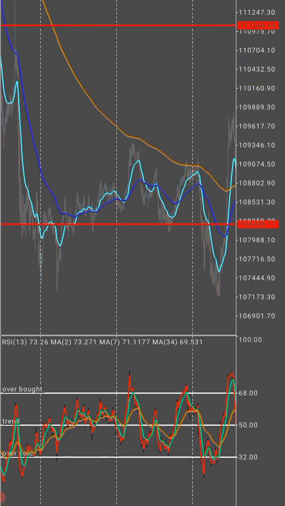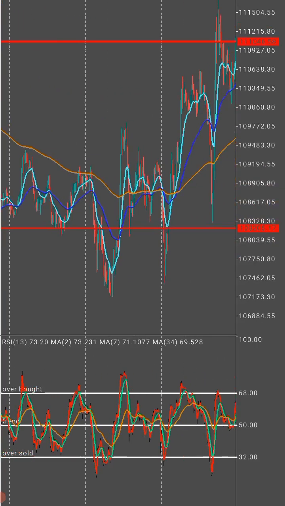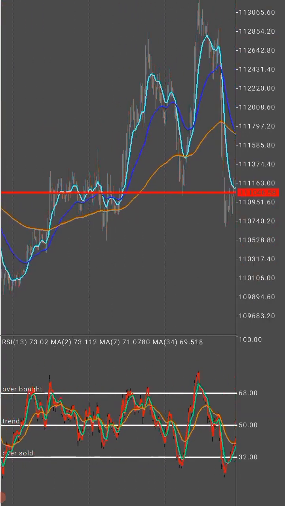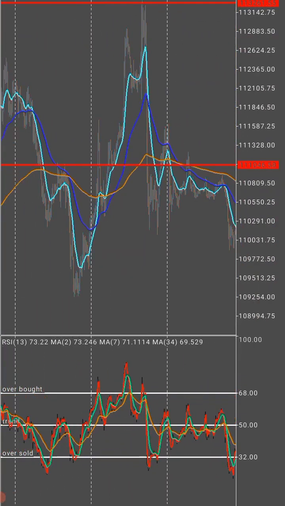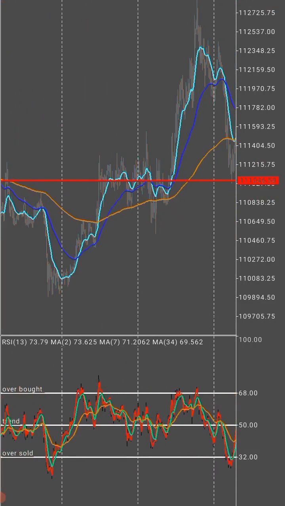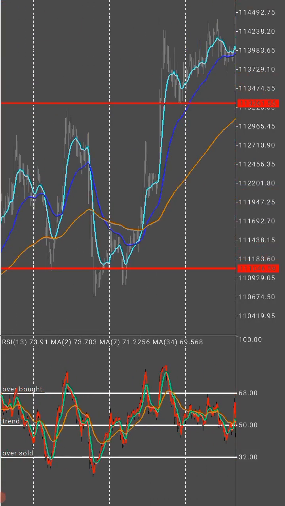Now, this is just a secret which I use when a support and a resistance actually fail to break. When it fails to break, this is actually the secret. What is the secret? In summary, number one, I wait for a clear movement in the opposite direction.